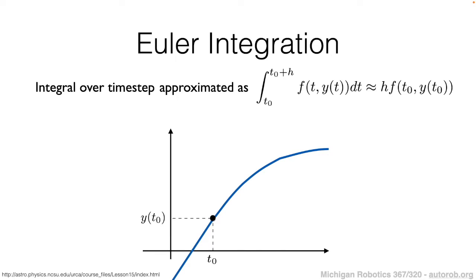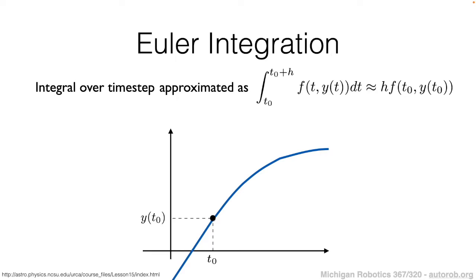To visualize this, let's say that we have some function here, which describes the state of the system on the vertical axis and time on the horizontal axis. If we have an initial condition at t0 here, what we then want to do is update this.